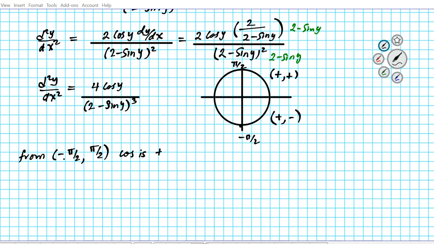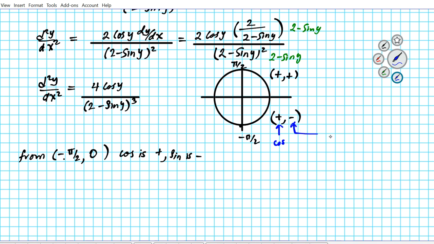So cosine is positive on that interval? Well, let's break it up. Let's do it halfway, okay? Because there's a sign change there. So let's say from negative pi over 2 to 0. From negative pi over 2 to 0, cosine is positive because cosine is the x coordinate right here, and sine is negative. Okay, let's label it so it's clear what we're talking about. This is your cosine, and this guy right here is your sine.